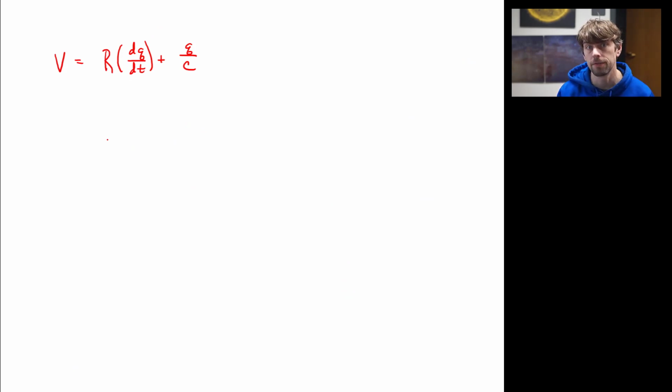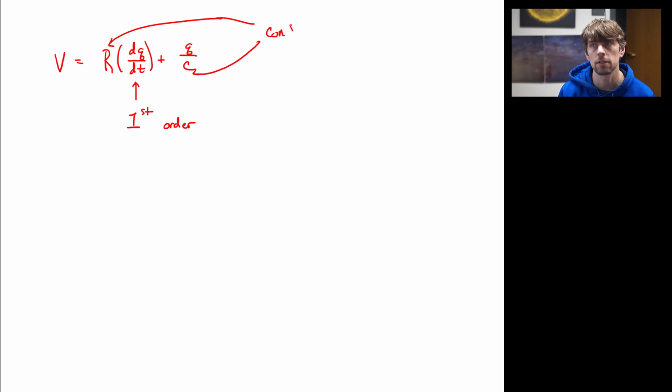Mathematicians call this type of differential equation first order because the highest derivative that we see in the equation is a first derivative. The second thing is that for each of these terms, the term out in front is constant, so we say that there are constant coefficients.